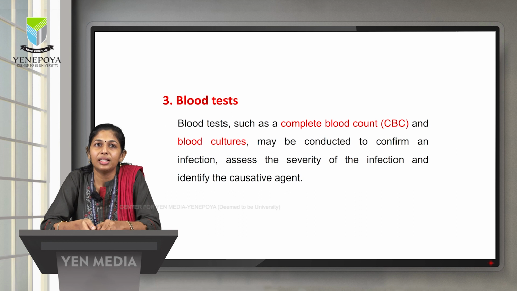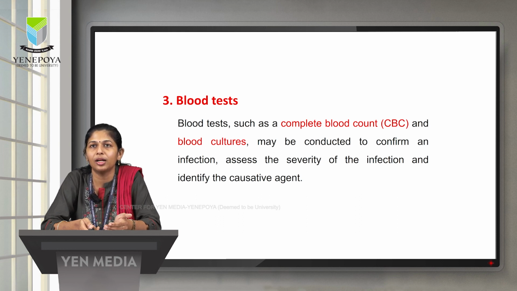The next method is blood test. In blood test, mainly two tests we are performing. The first one is CBC analysis, that is complete blood count analysis, and the next one is blood cultures. These may be conducted to confirm an infection, assess the severity of infection and identify the causative agent.